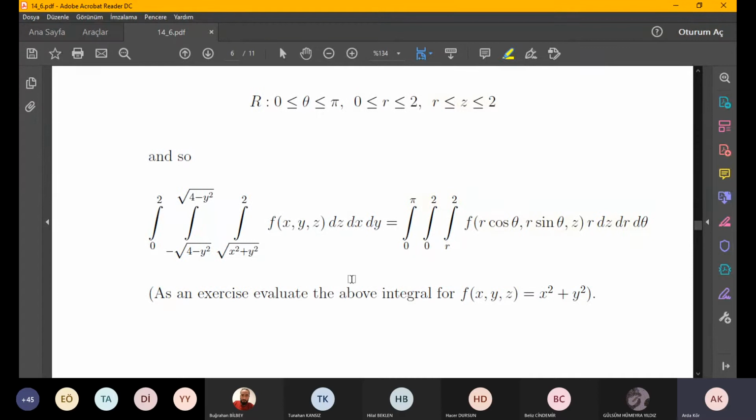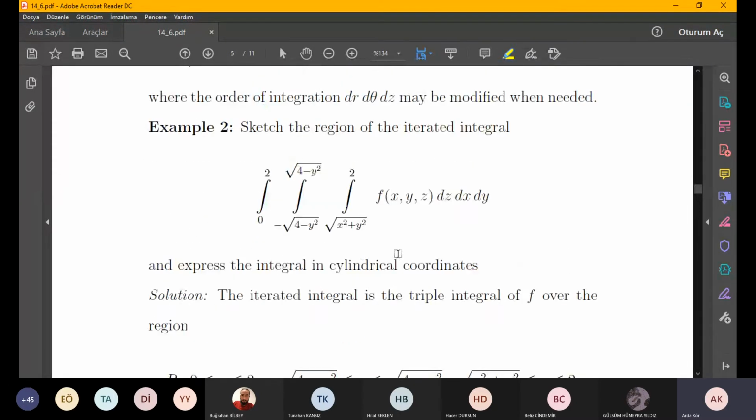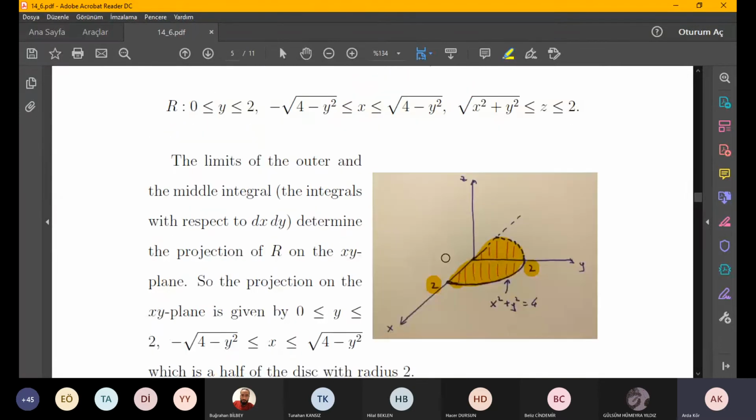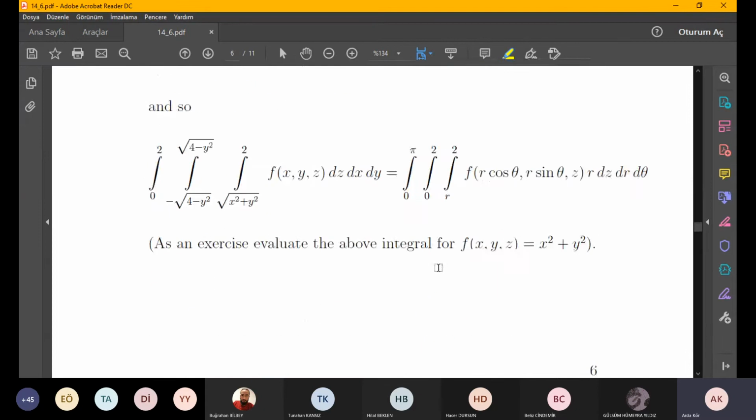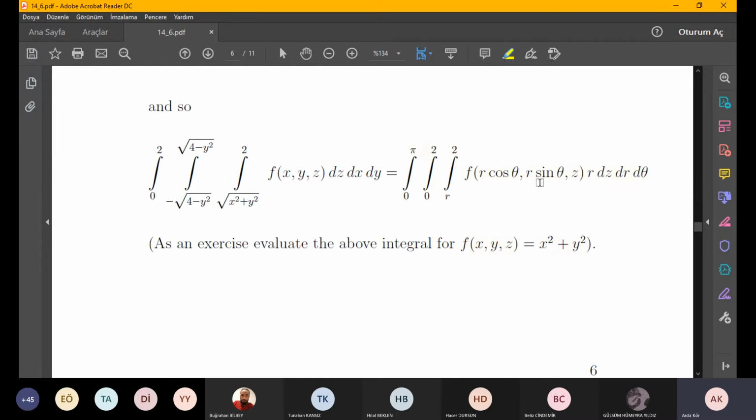I don't know if it is given an example. Let me see. So this is okay. This is given for any f, but you can try to evaluate assuming f is x square plus y square. So here the function in terms of r, theta, and z will be r square.